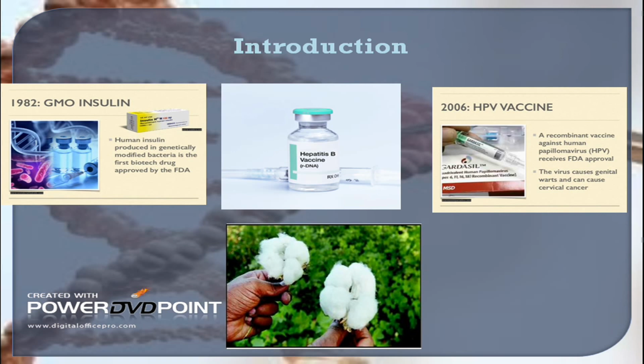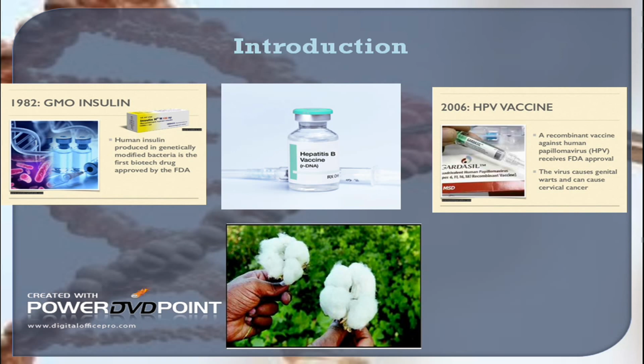Hepatitis B vaccine was again developed with the help of recombinant DNA technologies, and the cells which were used for producing this hepatitis B vaccine were yeast cells. Then you can see the cotton plant which is insect resistant, also known as Bt cotton.